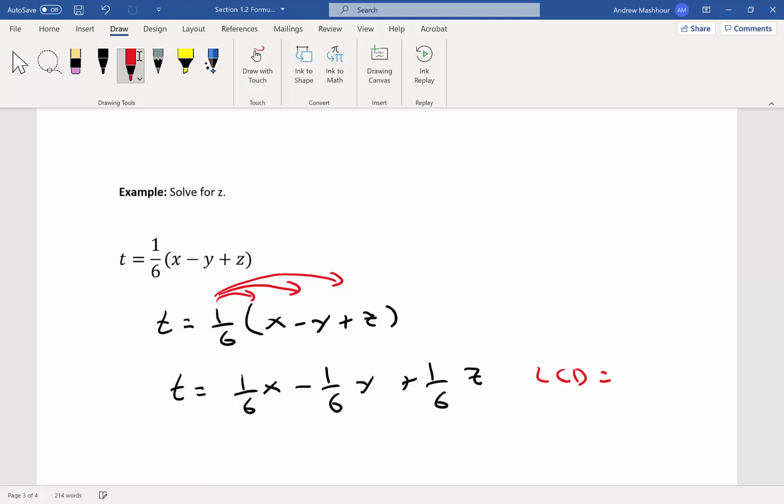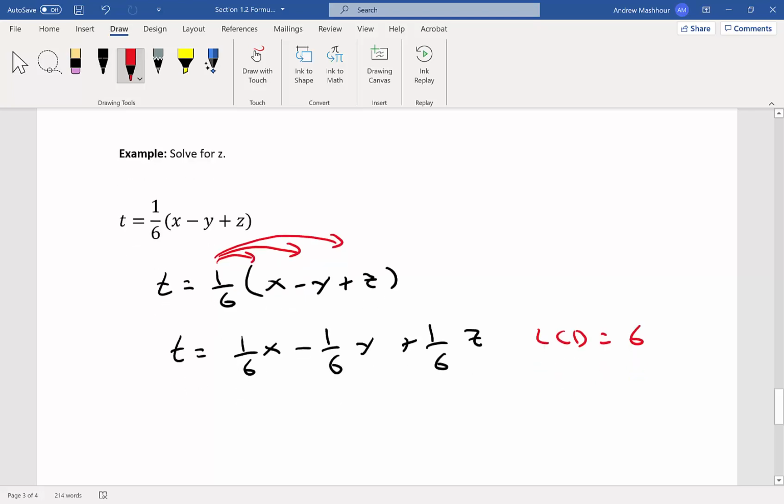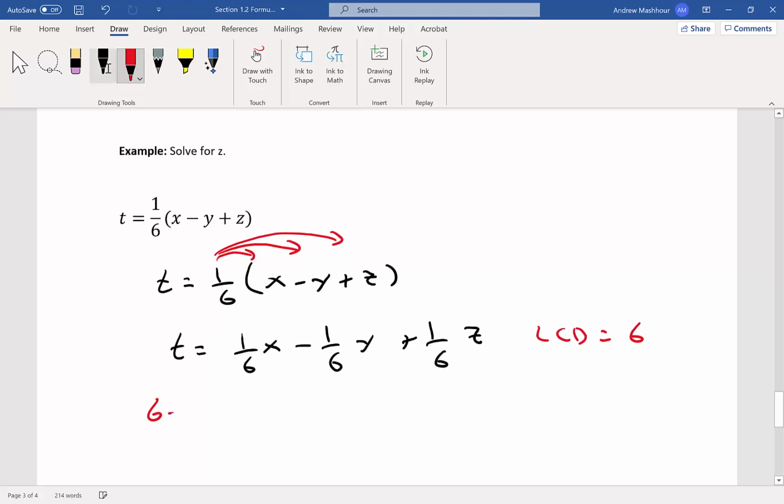Now we have fractions, so let's eliminate that. Our LCD here is 6, so we're going to multiply each term by 6. So you have 6 times T is equal to 6 times 1/6 x minus 6 times 1/6 y plus 6 times 1/6 z.